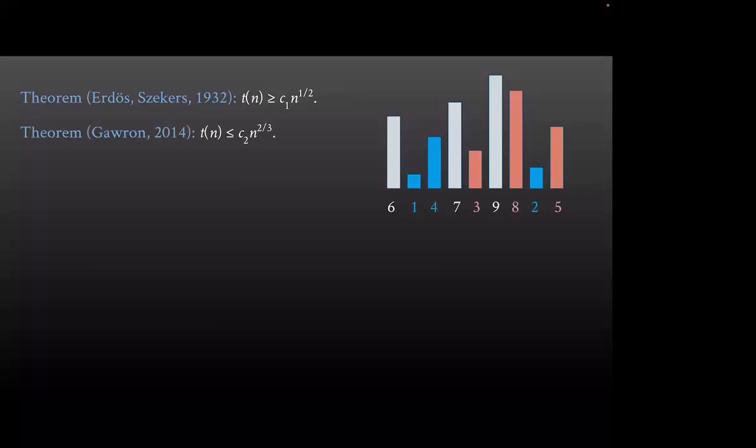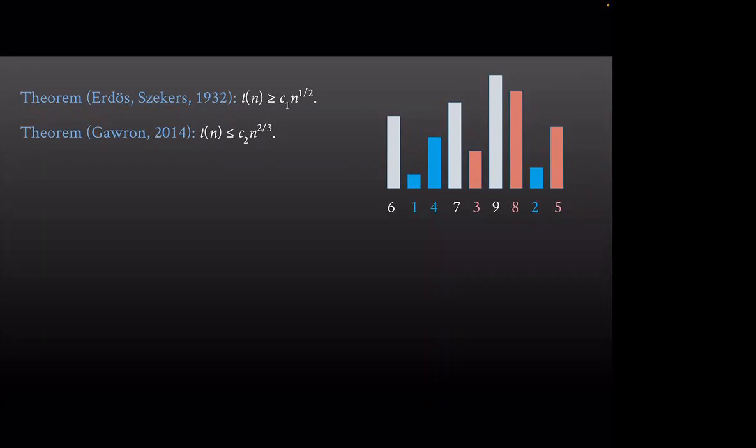And here is another observation made by Gavron, who proved that this function is also bounded from above by an exponential expression, n to 2/3. And he proved this result by a probabilistic argument, which actually also gives that almost every permutation satisfies this bound.